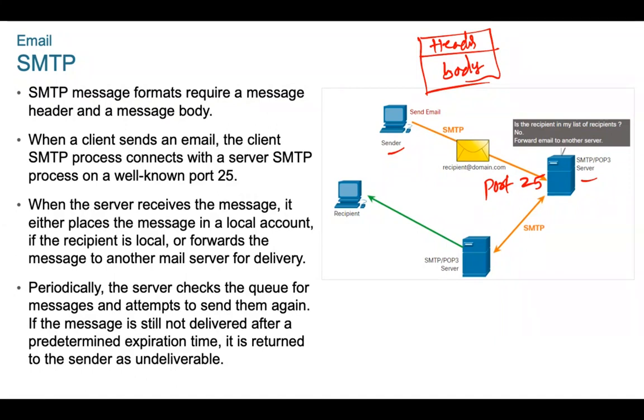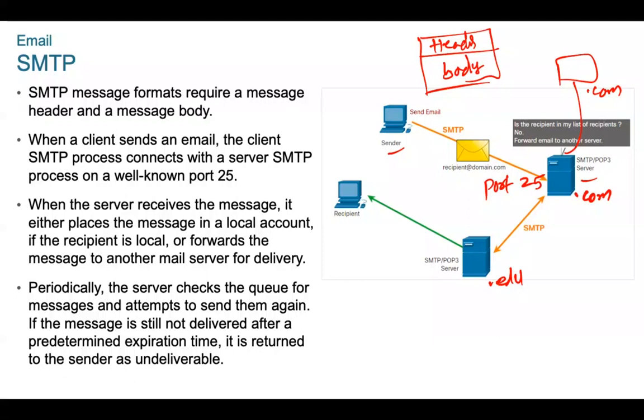Suppose this is a .com server and both sender and recipient are in the same domain, then it can simply forward that to another user in the same network. If the recipient is in a different domain, like the edu server, then it will simply forward that SMTP packet to your edu server. So the edu server will keep that copy and forward it to the recipient side.